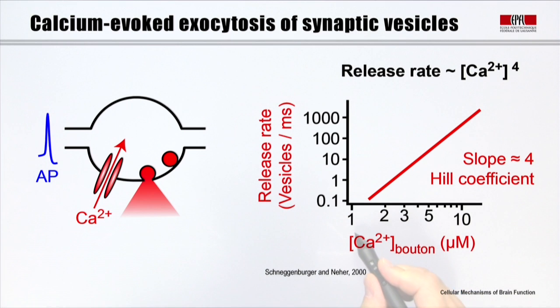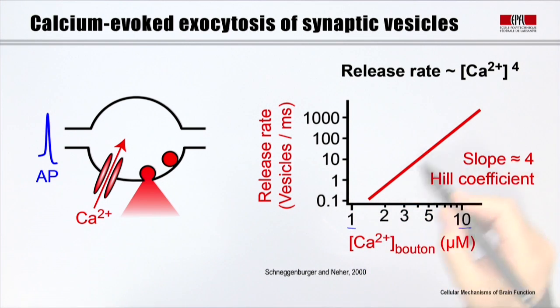You'll see that there's a range of calcium concentrations here that goes from 1 to 10 micromolar, so this is a tenfold increase in calcium concentration, whereas on the y-axis you'll see that the release rate increases by a factor of 10,000.